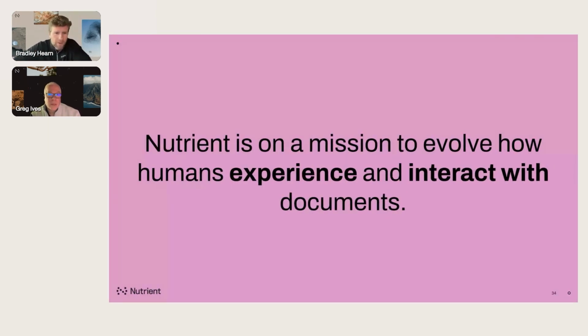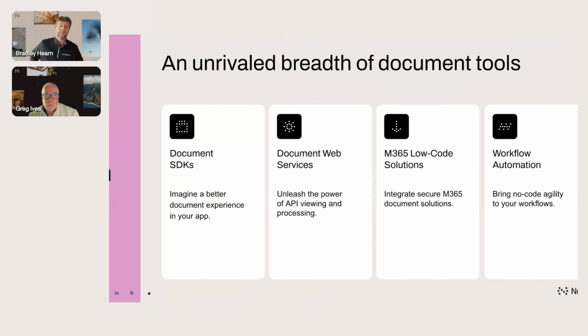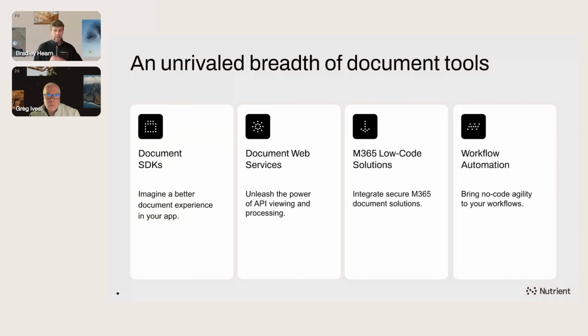And so now, with all this in mind, I want to just zoom out again and give you a little context with these updates, if you're not familiar with the full scope of who Nutrient is, our breadth of document solutions, and why we build what we build. At Nutrient, we're on a mission to evolve how humans experience and interact with documents with an unrivaled breadth of document solutions, whether it is our industry-leading SDKs, which you are familiar with, our ever-evolving cloud-based document web services, which you're now more familiar with, or our Microsoft 365 low-code solutions and workflow automation platform.